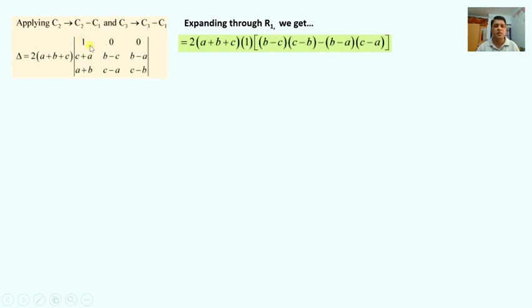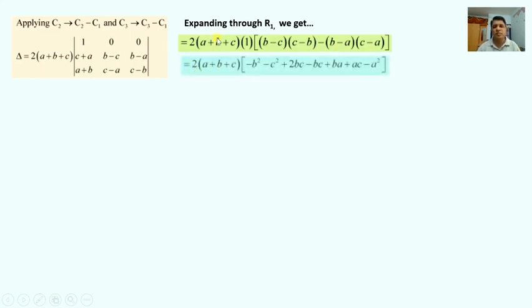Expanding through R1 will give us twice of A plus B plus C as it is, and 1 times this one into this way, B minus C, C minus B, and this C minus A into B, C minus A into B minus A over here. Let us calculate it.